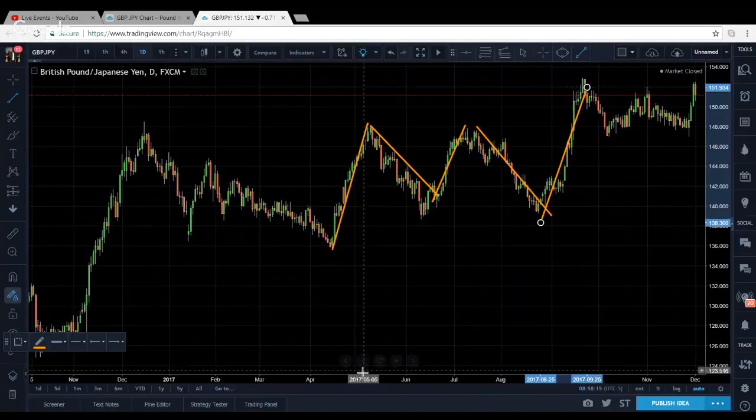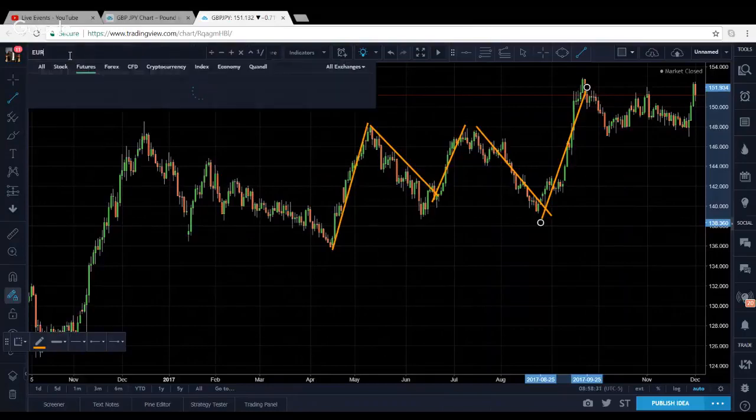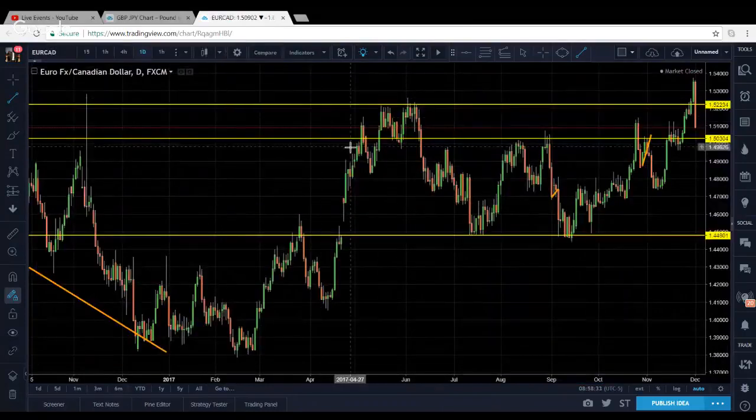All right. So my point is, every time you get in the market and you're looking for a buy or sell, understand a pullback is eventually going to happen. Price cannot go in that same direction over and over. I remember during the week, one of the pairs that I was really looking to trade was Euro CAD.